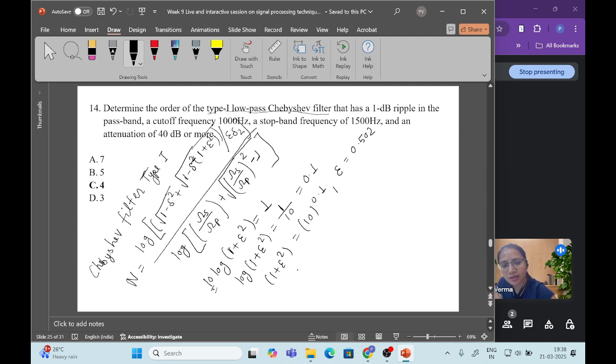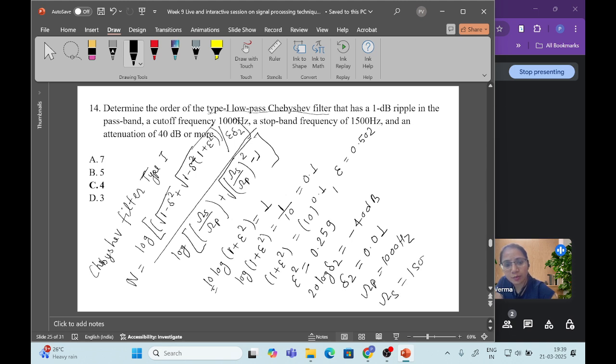Directly here we can calculate E square also. E square is 0.259. Now 20 log del 2 equal to minus 40 dB because the attenuation is 40 dB. So from here if you calculate del 2 you will get 0.01. Omega p already we know is given as the pass band cutoff frequency 1000 Hz, and omega s is given as 1500 Hz.